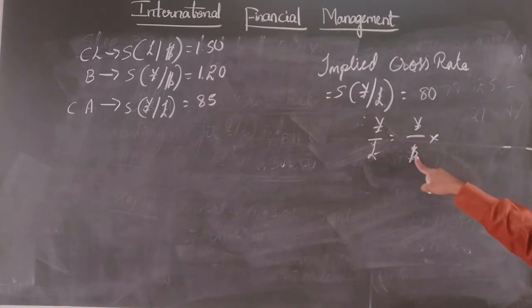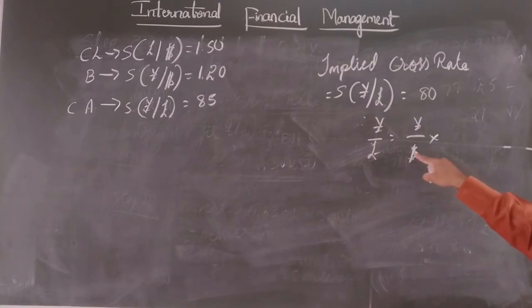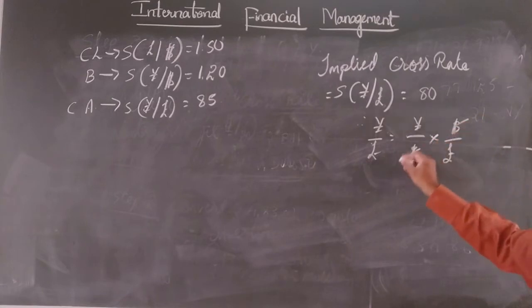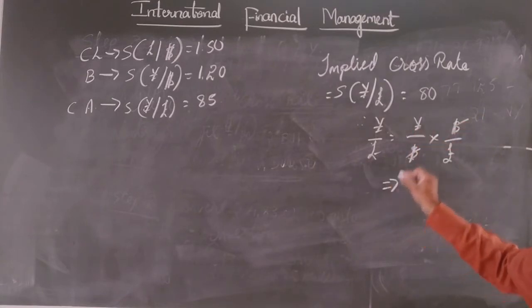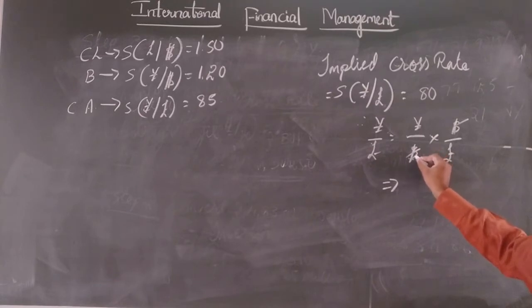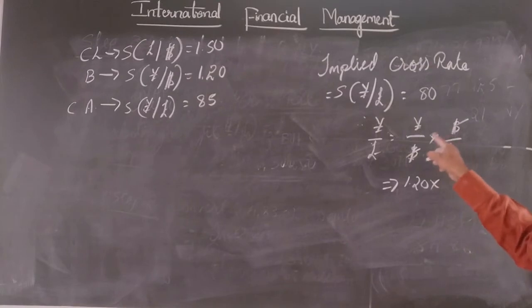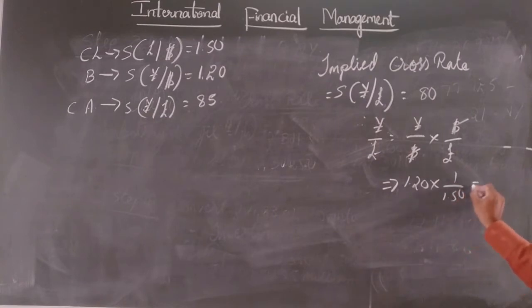Yen by dollar is 1.20 into dollar by pound, which is 1 divided by 1.50.